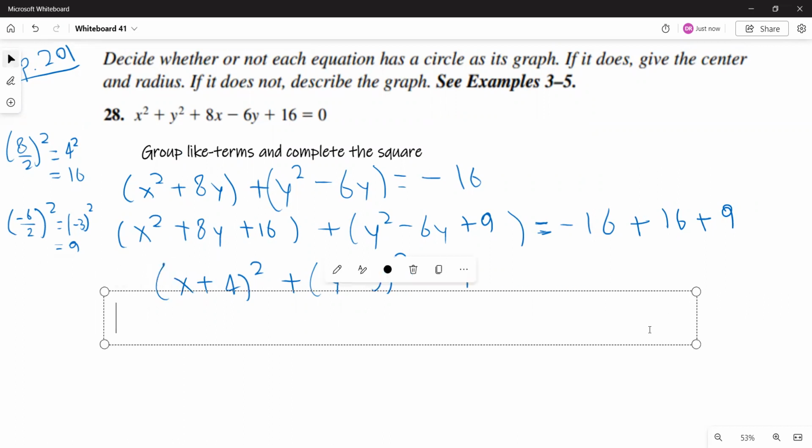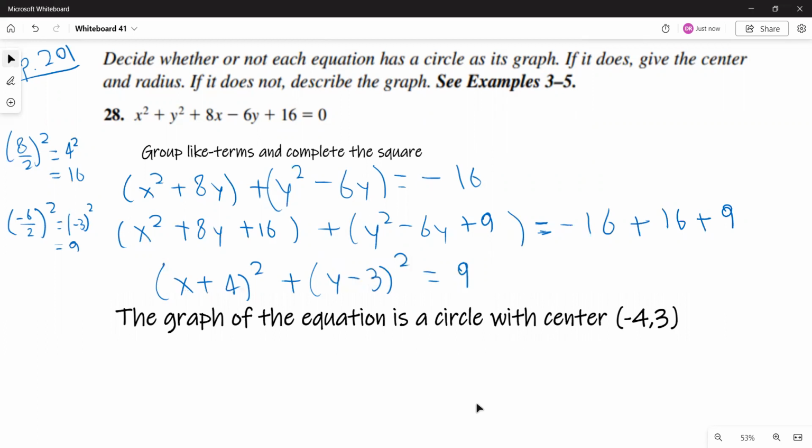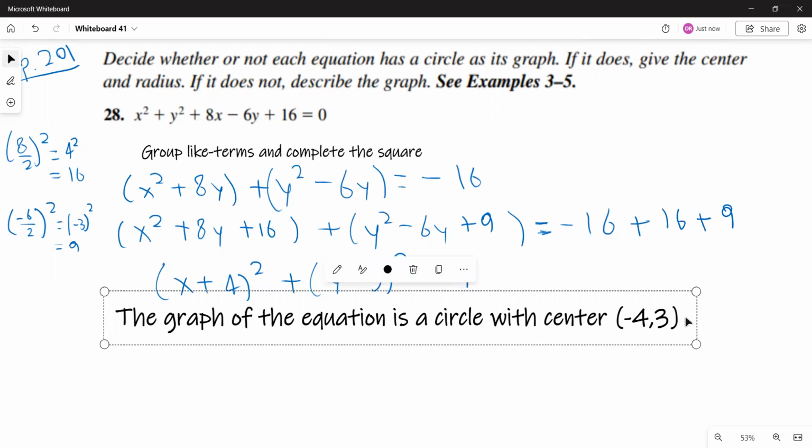The graph of the equation is a circle with center negative 4, 3. I know this is on the way, but you need to change the sign. So the graph of the equation is a circle with center negative 4, 3 and radius 3.